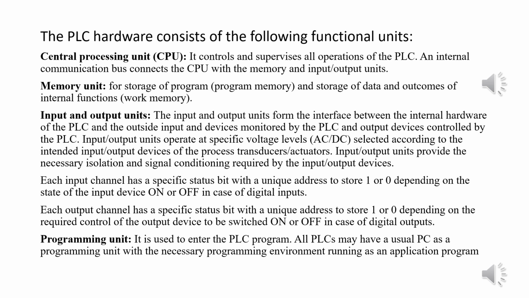Similarly, each output channel has a specific status bit with a unique address to store a 1 or 0 depending on the required control of the output device to be switched on or off. This is in the case of digital outputs and digital inputs. PLCs can deal with analog outputs and analog inputs, but it will not be considered in this course. We are limited to digital inputs and digital outputs.